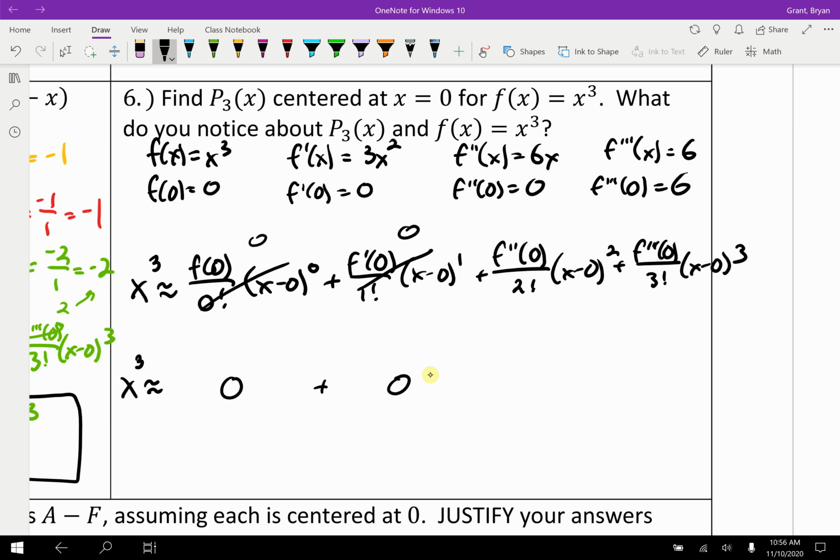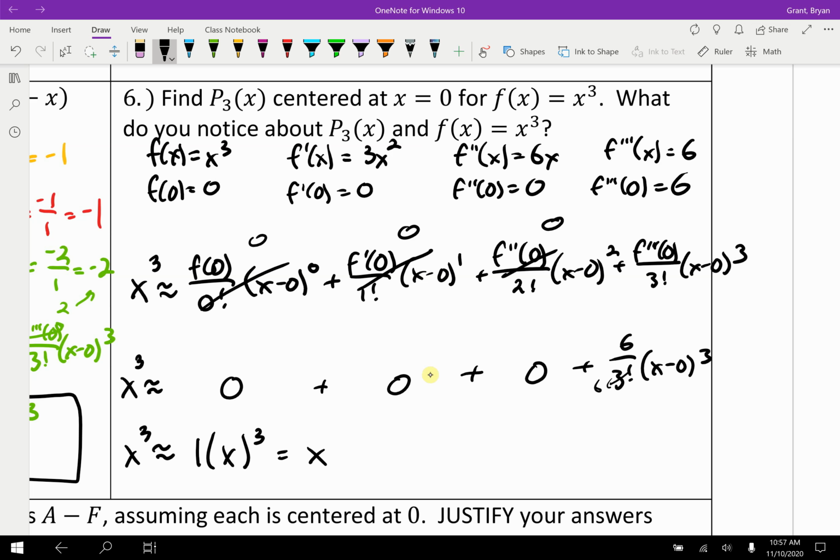That's 0. That's 0. Woof, this one's an easy one. 6 over 3 factorial x minus 0 cubed. So x cubed is approximately equal to, can we clean this up? Let's see, 3 factorial is 6. 6 over 6 is 1. X cubed, oh, isn't that just x cubed? Did we just go in a big circle?